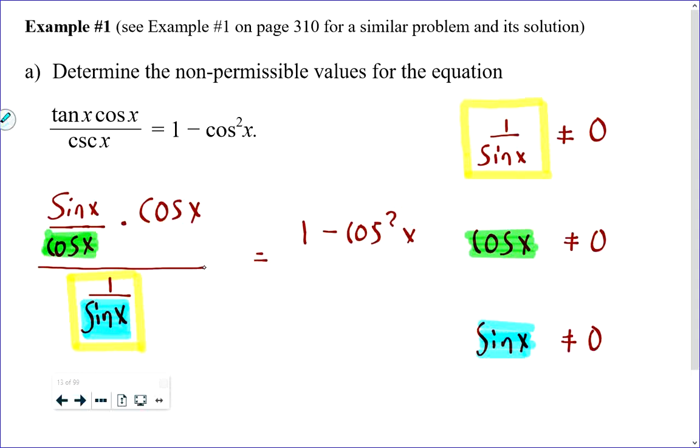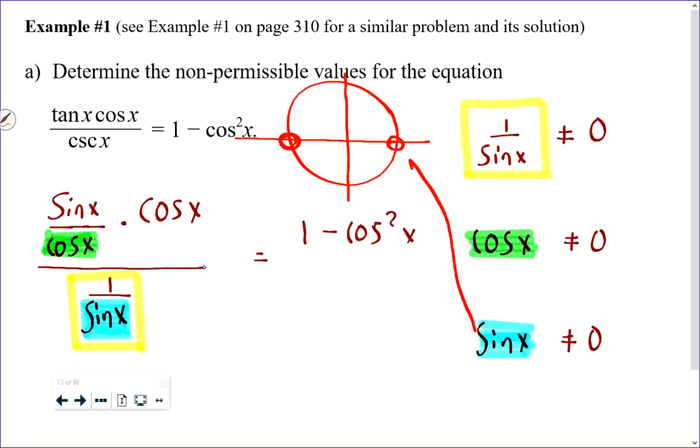Sine of x is 0 in terms of the unit circle. It's a little sloppy unit circle, but sine of x is 0 here and here. And that means that we have a non-permissible value for x, that x cannot be equal to multiples of pi.